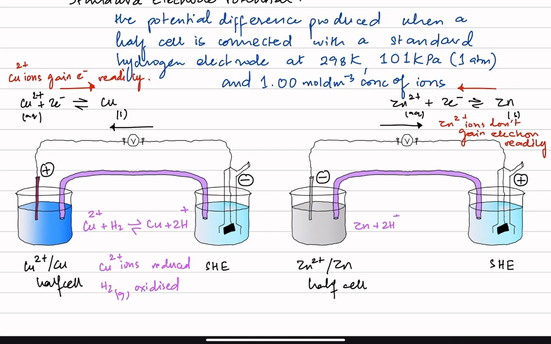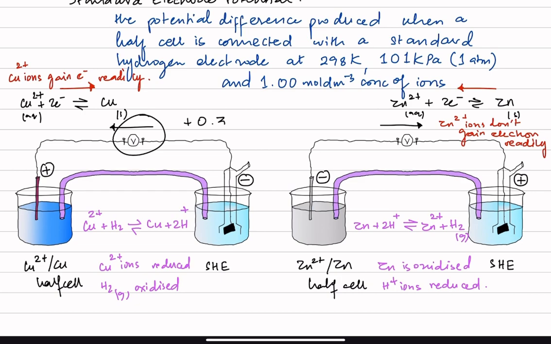But on the other hand, on the electrochemical cell towards the right, zinc loses electrons and zinc oxidizes itself. You can see the overall net equation also. Zinc is oxidized and hydrogen ions are reduced because zinc loses electrons and copper ions gain electrons. This is what decides what's happening.